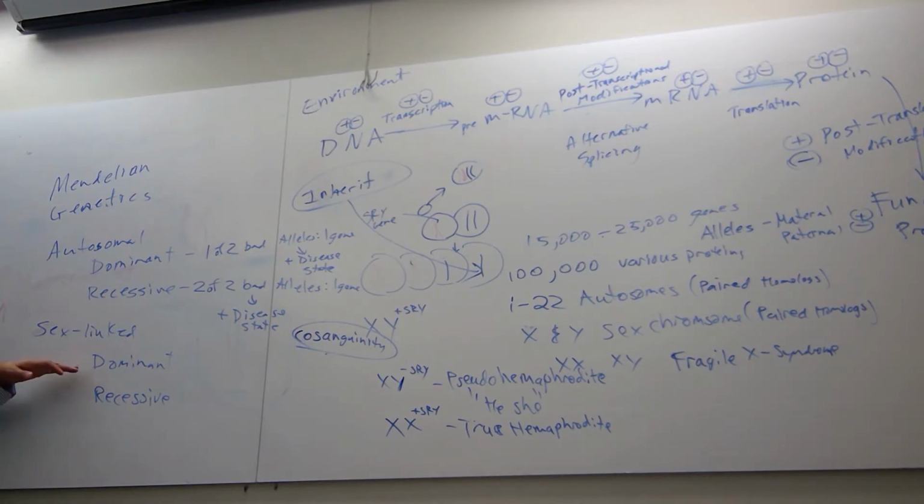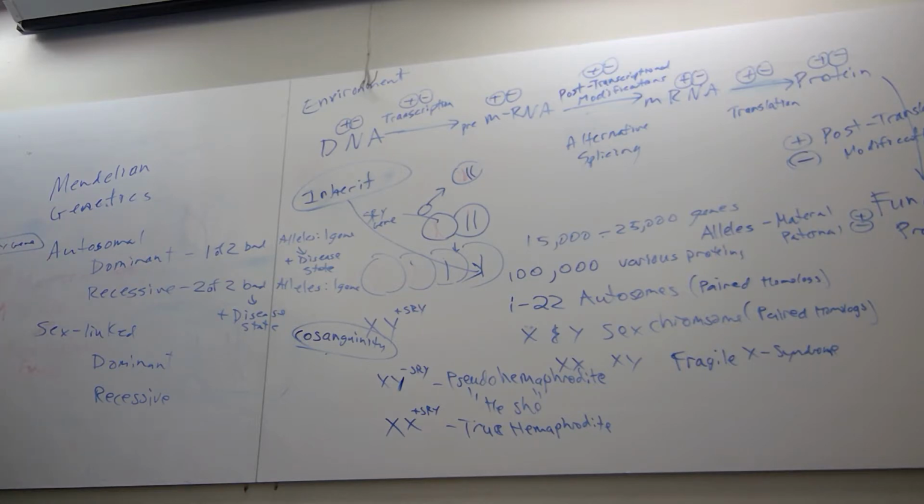It winds up being that we're talking about, is it on the X or is it on the Y? Well, sure enough, the Y doesn't have much on it. The Y is the smallest chromosome that we know. It looks like this compared to all the others. And it's just the little top of it that the SRY gene is present.